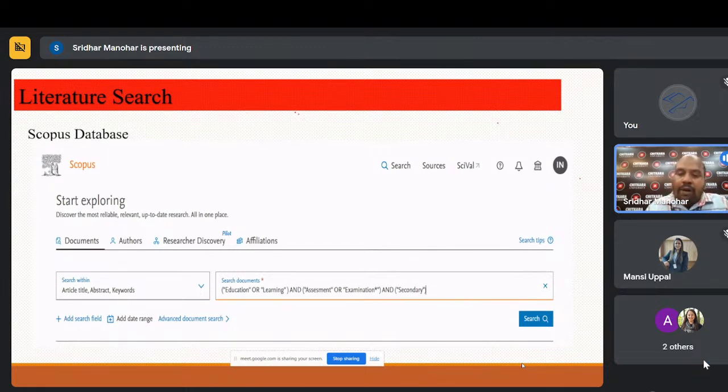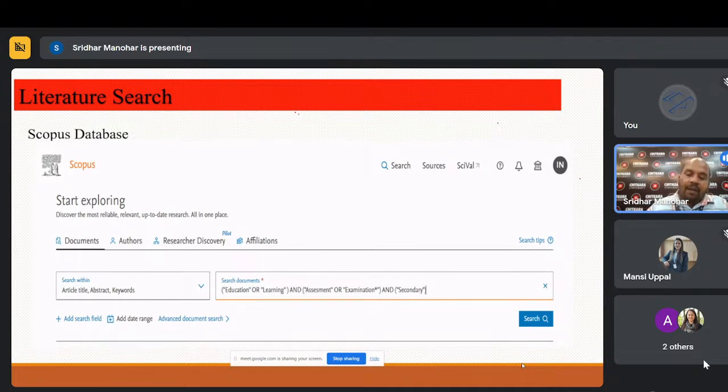The OR represents that either of these words appears in the title or in the keywords. So such papers would be shortlisted and given to you. And the third word in the string would be secondary education. So the database would be searching the title or the keywords wherever the word education or learning appears, along with assessment or examination, along with the word secondary.